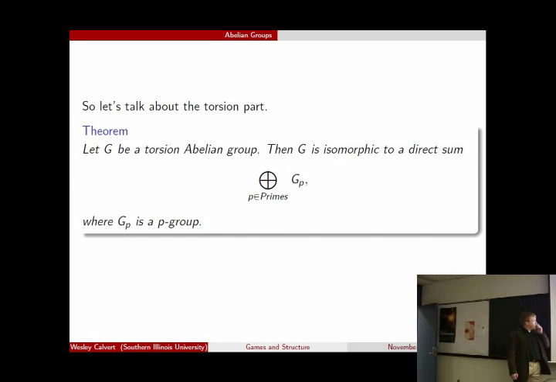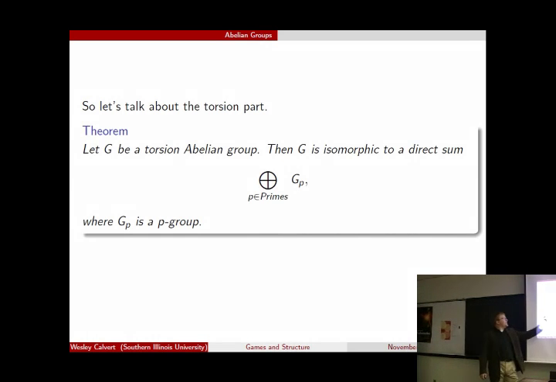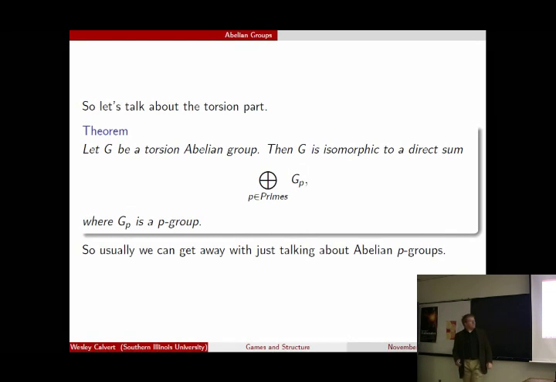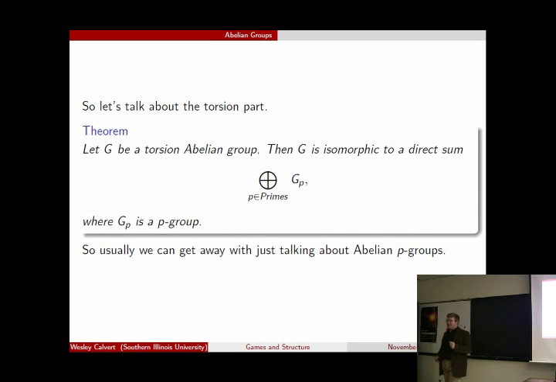First big thing about the torsion ones is that you can split them as a direct sum of p-groups, one for each prime. And again, you can do things on the individual components and then put them together in a nice way. So it's enough now to talk about abelian p-groups.